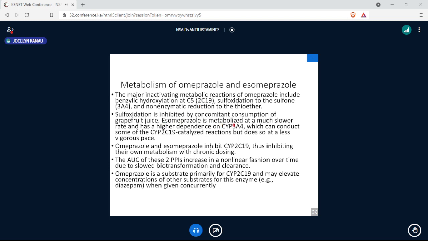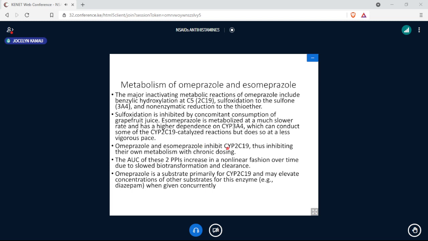That is now the advantage: esomeprazole is metabolized at a much slower rate and has a higher dependence on cytochrome 3A4, which can conduct some of the cytochrome 2C19 catalyzed reactions, but does so at a less vigorous pace. So the reason why esomeprazole has higher activity is that it is more slowly metabolized, and therefore you maintain very high concentrations that are needed for the better activity.